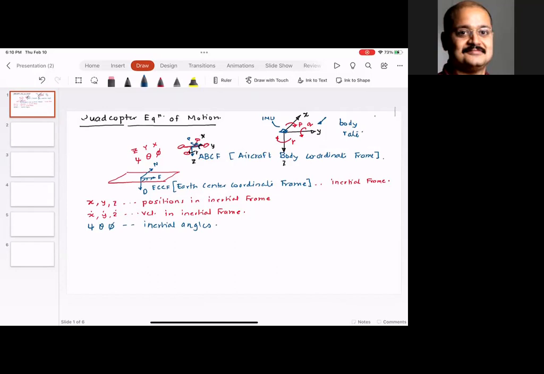The first kinematic equation that we derived was the equation for translational kinematics.